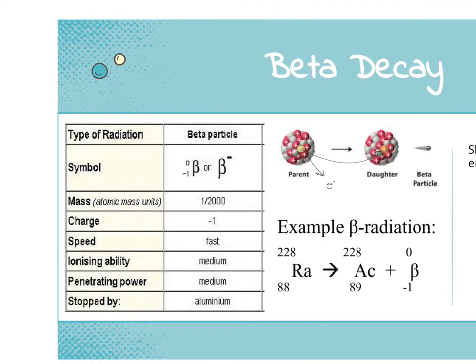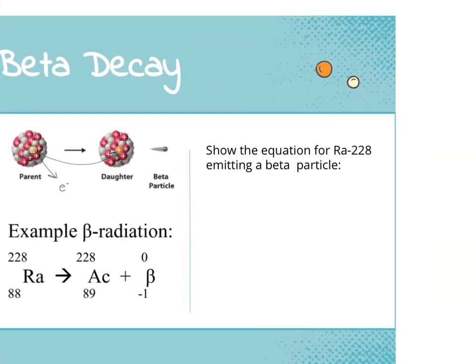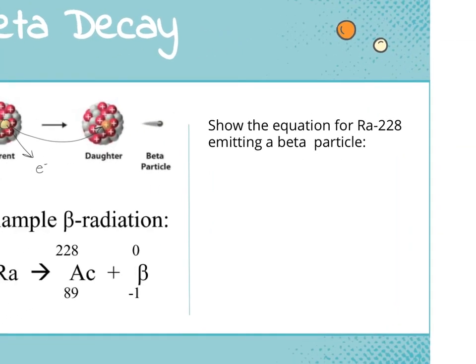So let's try drawing the equation for this one. Let's show the equation for radium 228 emitting a beta particle. So we found radium in our last one, and it had an atomic number of 88. That was in that alpha particle example.